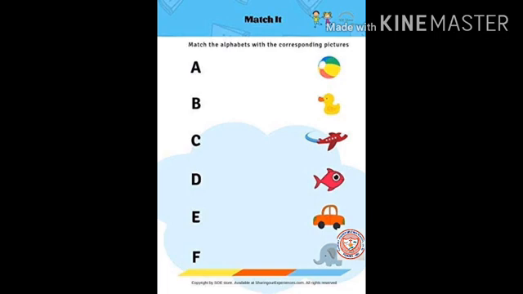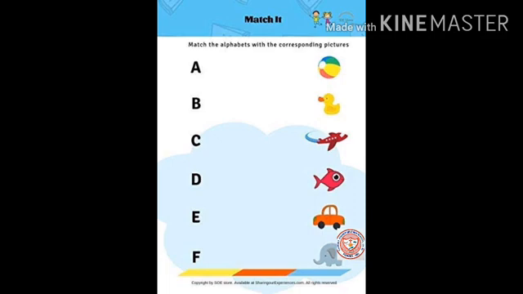Now this one is another worksheet. Let us see what alphabets are there. A, B, C, D, E, F. And on this side the objects are ball, duck, aeroplane, fish, car and elephant.